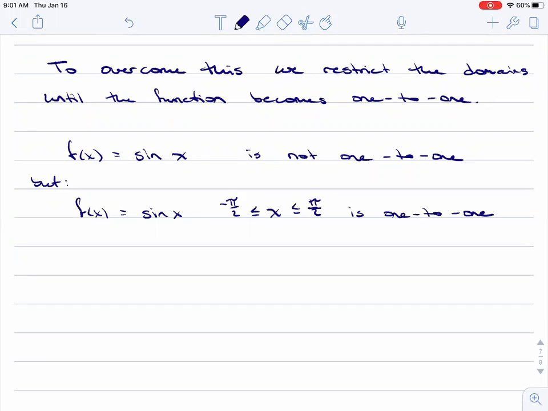With that restriction on there, it is one-to-one. And so this restricted function, we can take the inverse of. That's the inverse function we are familiar with, the one on our calculator that we've probably been using without really knowing why. So this is why.